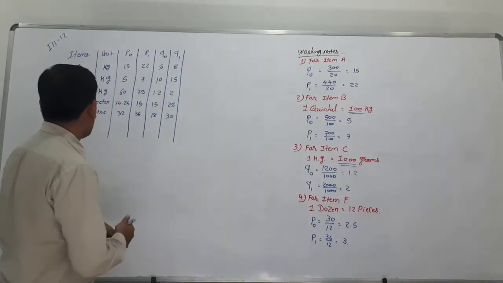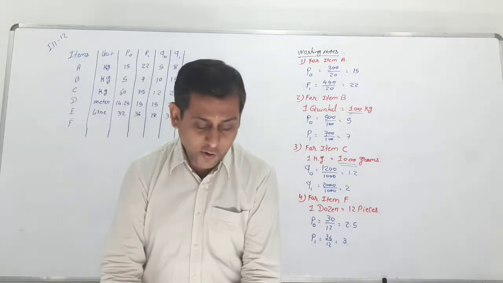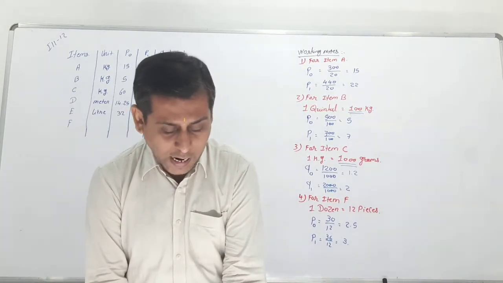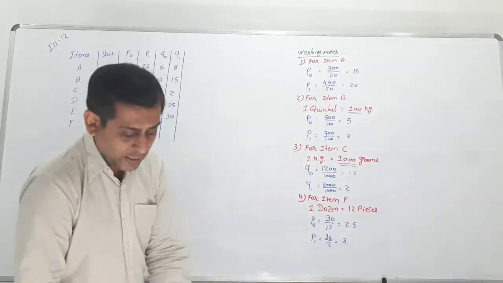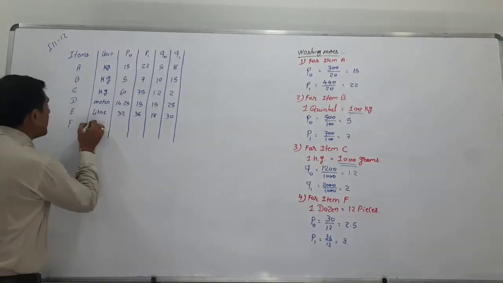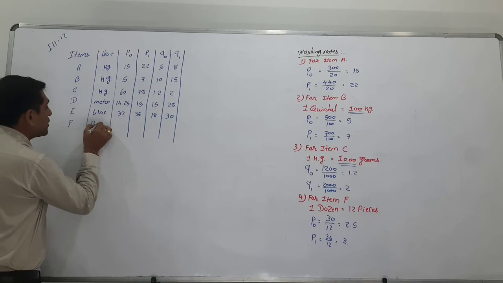Okay, so here I am writing what? Whenever we are converting the price, we have to write the pieces. That is, here I am converting dozen into pieces.